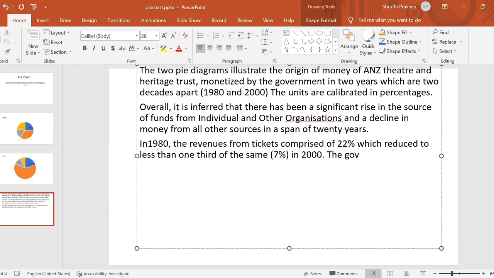The government grants, which accounted for nearly a quarter, it's not yet a quarter because it's 24%. So I'm writing nearly a quarter of the total income, and then I can put in bracket 24 just to write the numerical data.